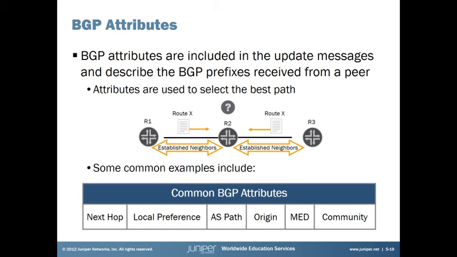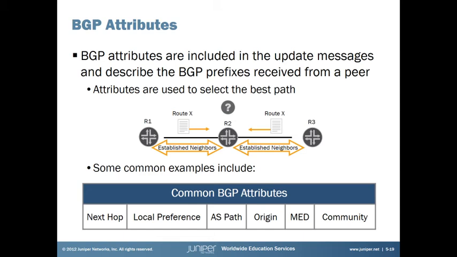Let's take a look at some of the ones that are more common. As we see here, the attributes are used to select the best path, so they feed into the path selection algorithm.